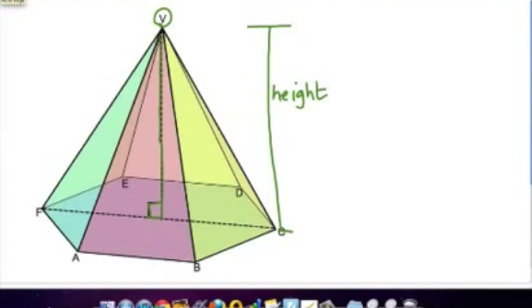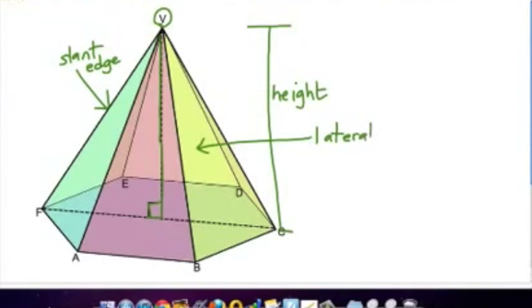Then what you're going to do is see the common edge between two adjacent lateral faces. So the point where two lateral faces connect, that is known as the lateral edge or the slant edge. And we've got the height, and of course the lateral face, as we've shown before, is the part of the triangle that folds up to make the pyramid.